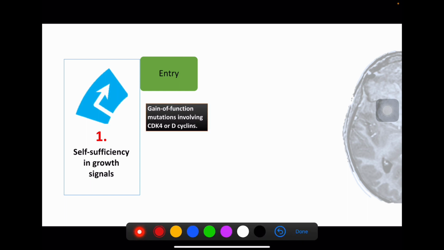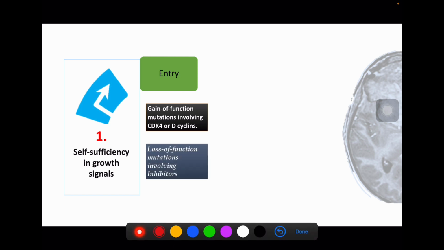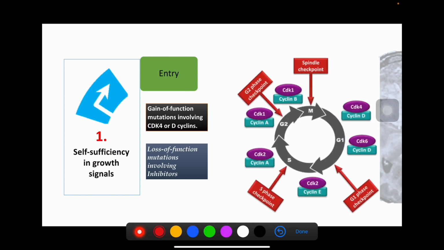Okay, the problem is either there is actually gain of function mutation involving CDK4 or D-cyclins, as well as loss of function or mutation involving inhibitors. It's a bit complicated, but look at this. Okay, I think you remember that this is what we call as cell cycle. Okay, so in cell cycle, okay, there is many entry points.